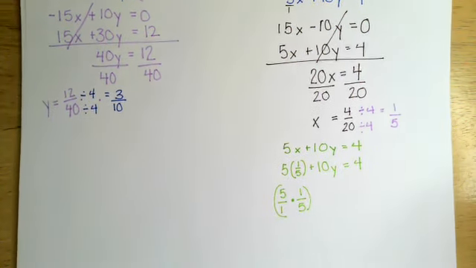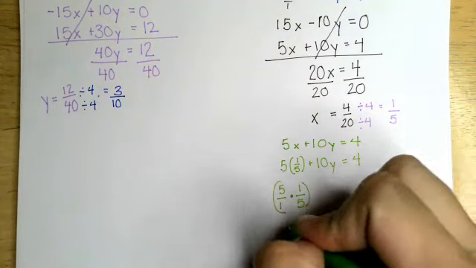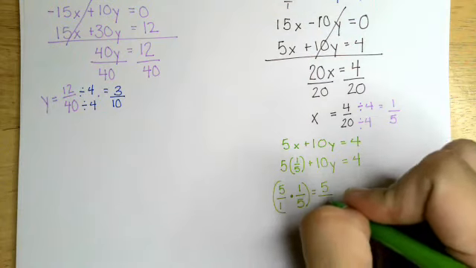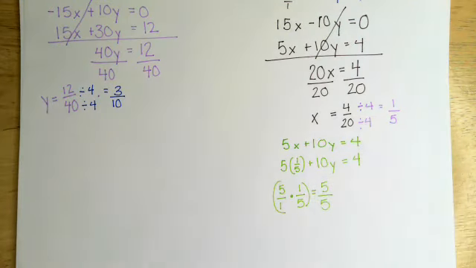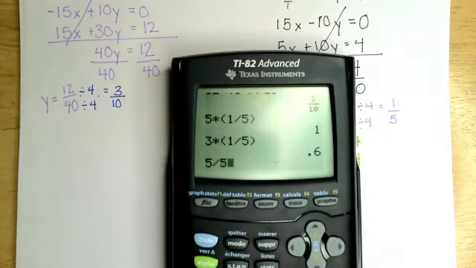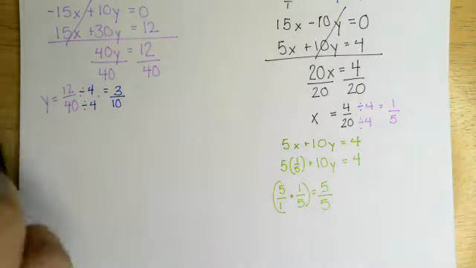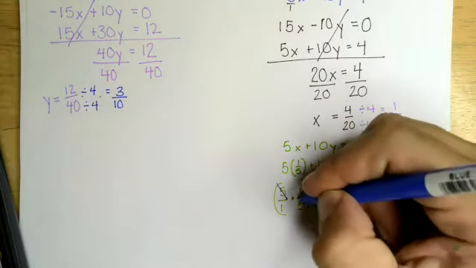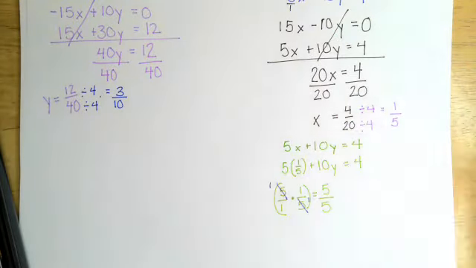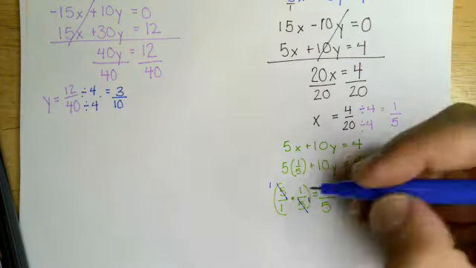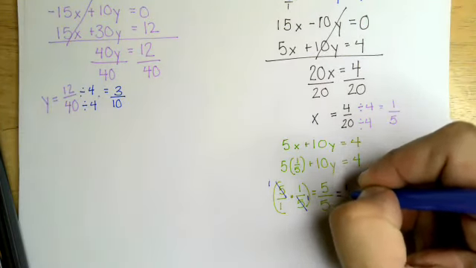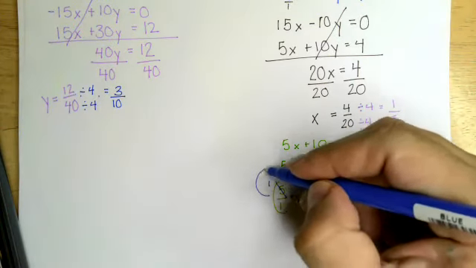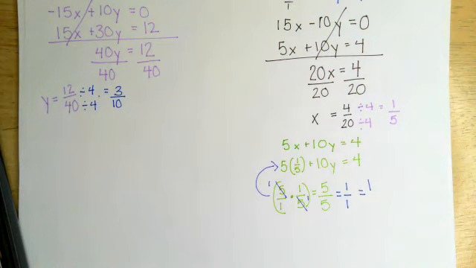If we go straight across, 5 times 1 becomes 5, and 1 times 5 becomes 5. 5 divided by 5 is just 1. So we can even say, because there's a 5 on top and a 5 on bottom, they cancel out, and it's just 1 over 1, which is 1.